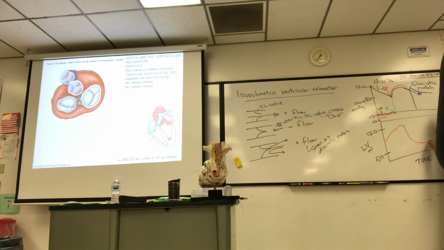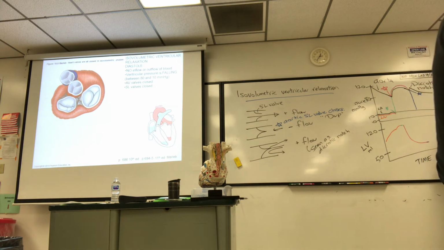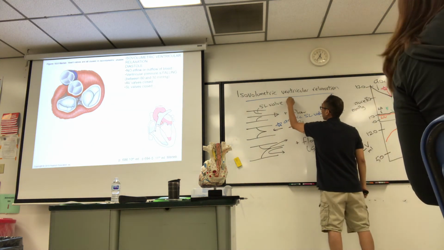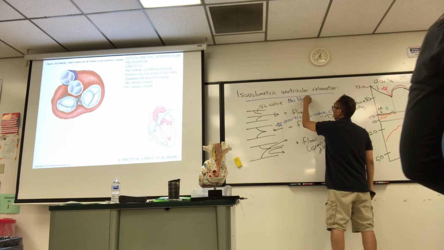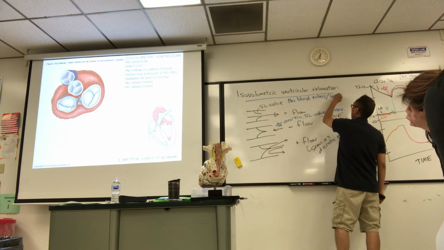So I'm going to extend it to here. So what's my volume at this time? It's still 50. Blood is not leaving or entering this chamber. No blood enters or leaves.